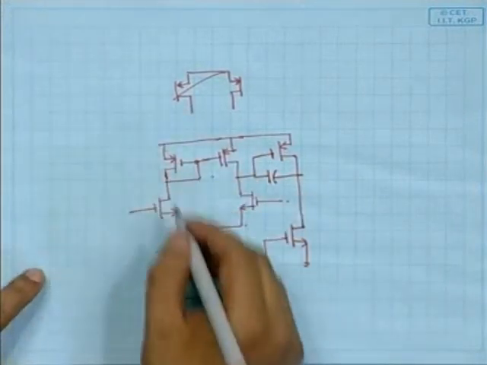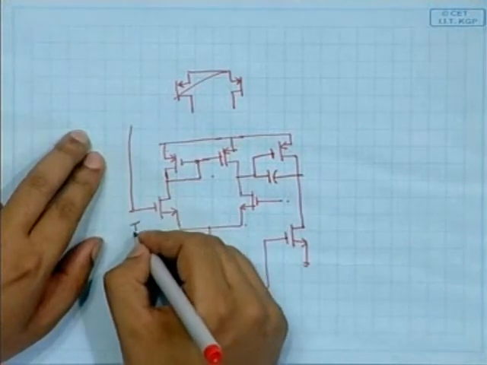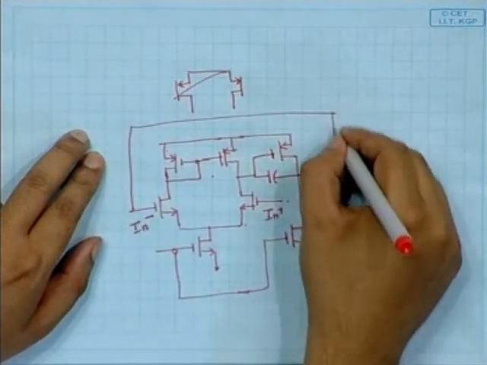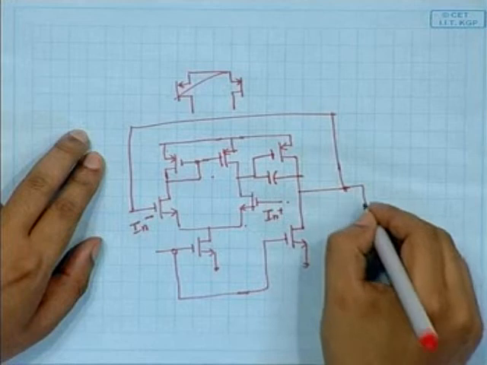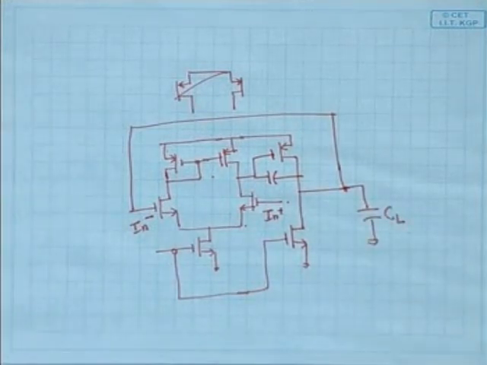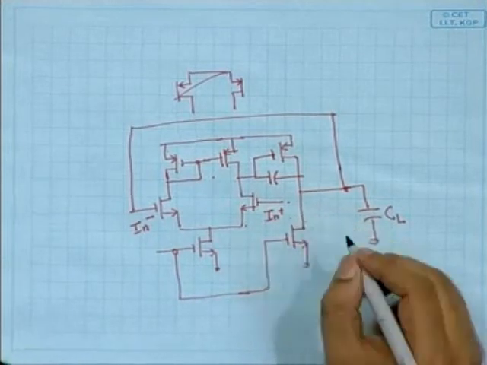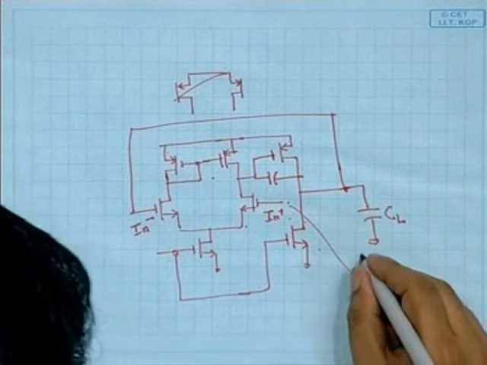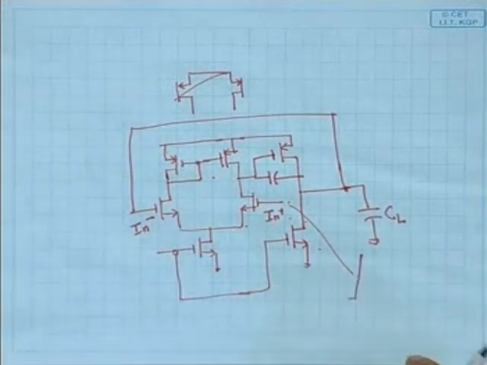This is the non-inverting terminal, in minus, this is in plus, and it is connected in unity gain buffer configuration. This is CL. Now you apply a large signal at in plus. What will happen?